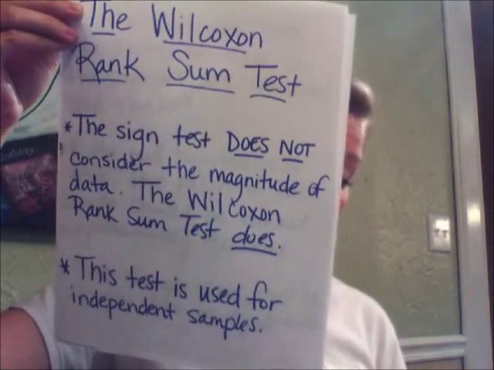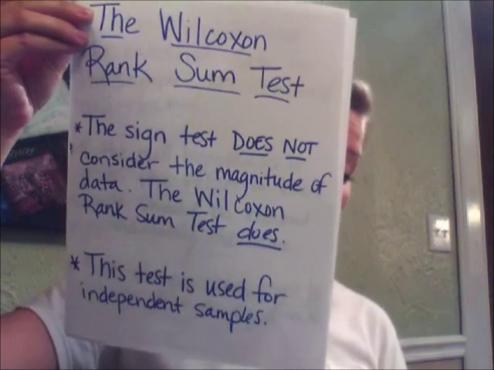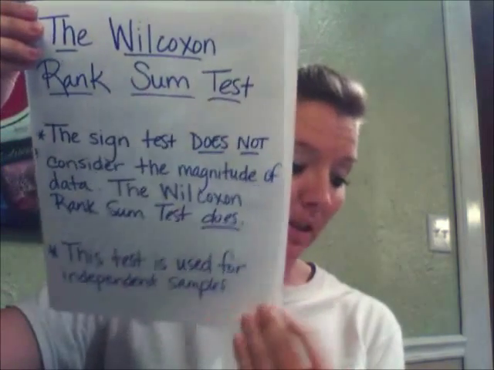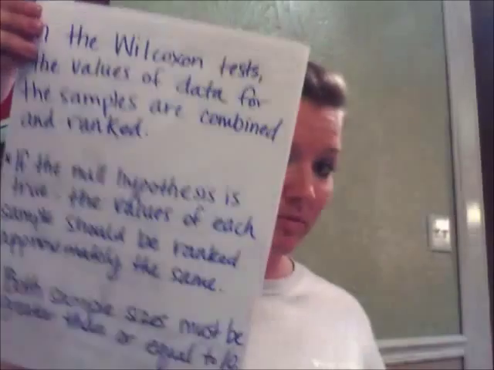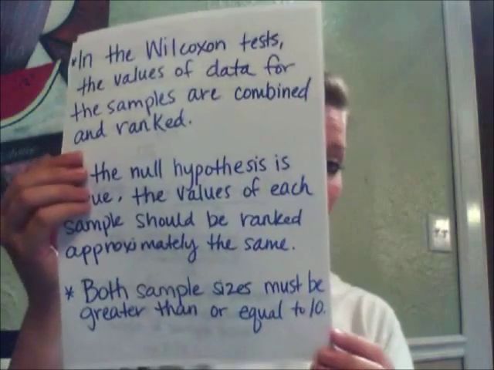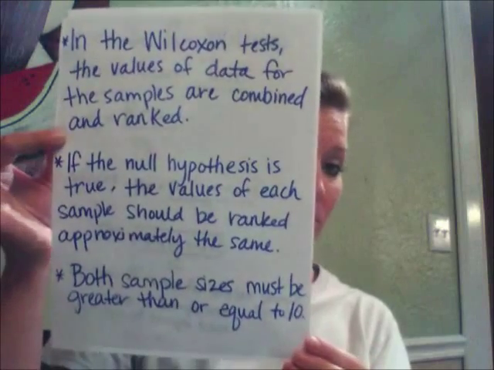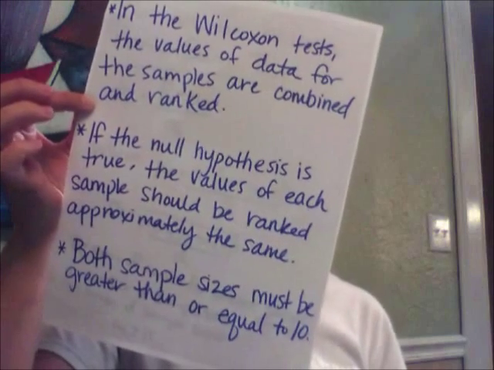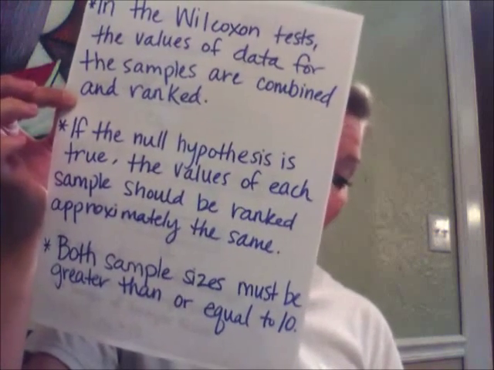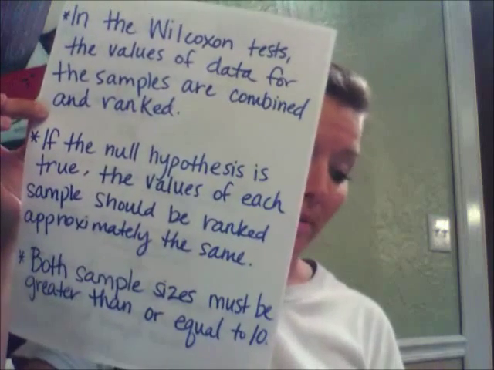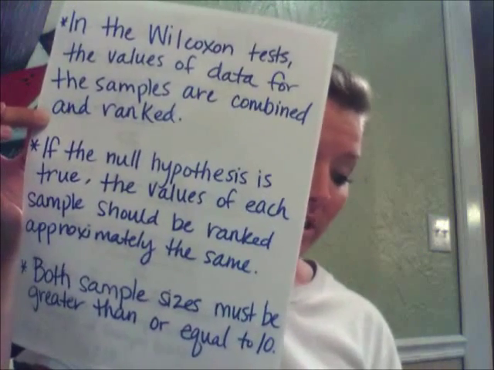In the Wilcoxon test, the values of samples are combined and then ranked. Each value in each sample should be ranked approximately the same if the null hypothesis is true, that means there is no difference in the population.